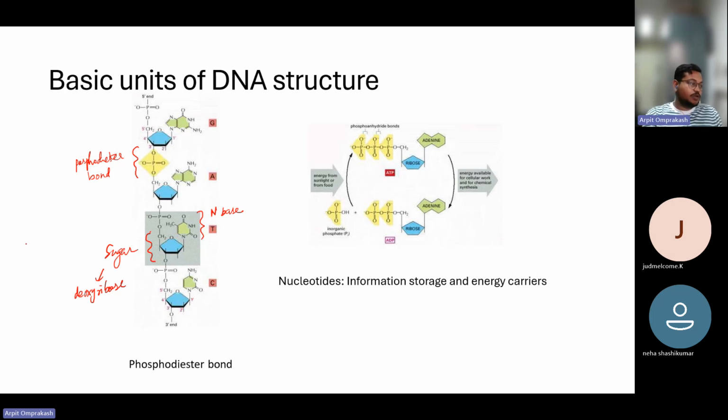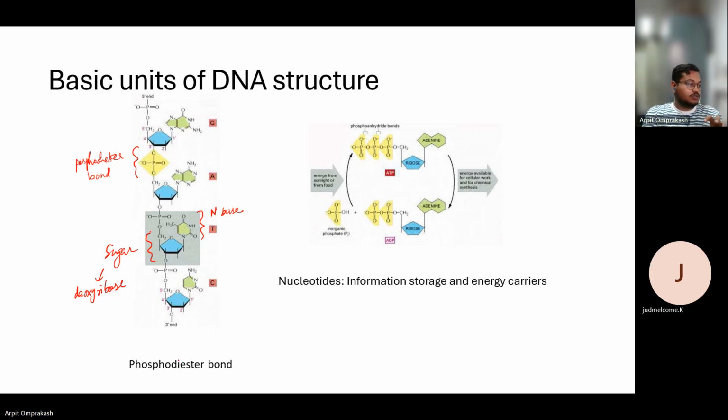So basically the 5' end attaches to the 3' end of another sugar molecule, and that's how the phosphodiester bond is formed. That's how this structure gets elongated. Here we see the phosphodiester bond and the basic structure of how a single DNA strand is formed.